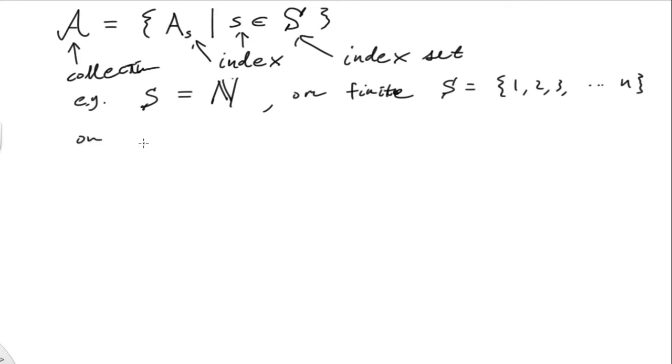Or it could be infinite and uncountable. It could be that S is equal to the reals, in which case there's no discrete way to write down what we're doing, but basically you have a set of sets that are indexed by some real number.